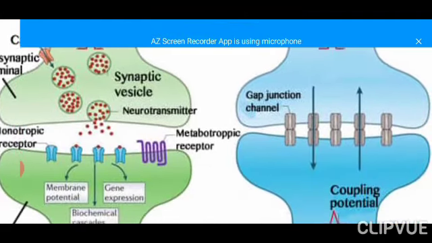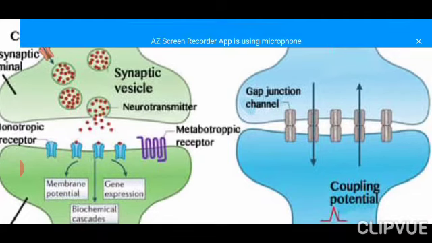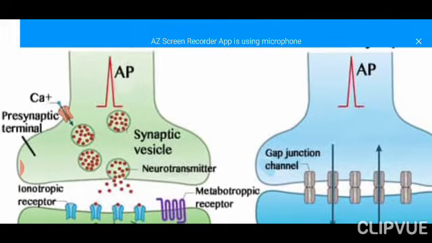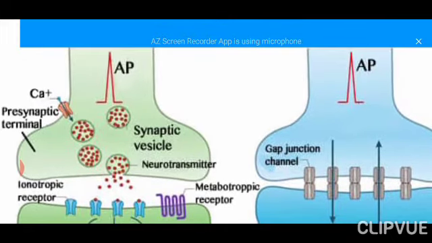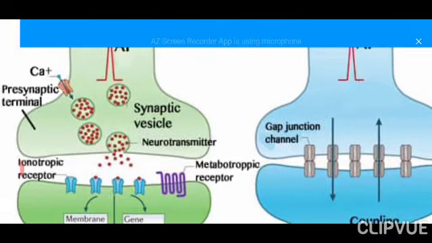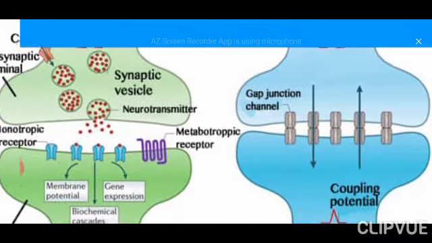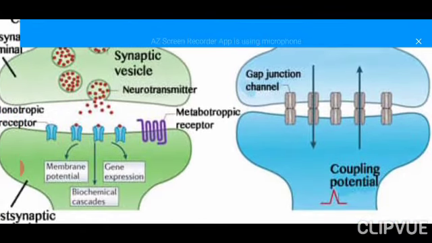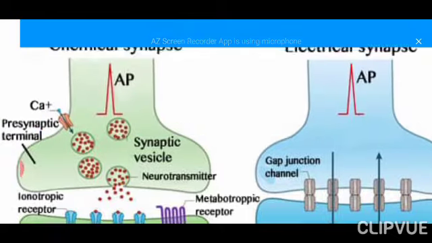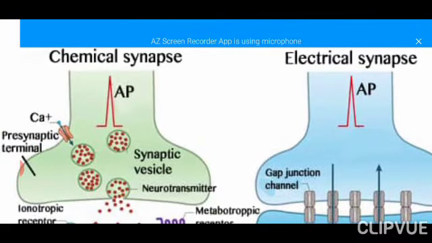Instead of release of neurotransmitter, it's just ions that move and ensure continuity of the impulse or action potential. The major difference is that one involves a neurotransmitter, which is a chemical, while the other involves an electrical signal as a result of ion movement. We are going to discuss the differences between chemical and electrical synapses in detail.